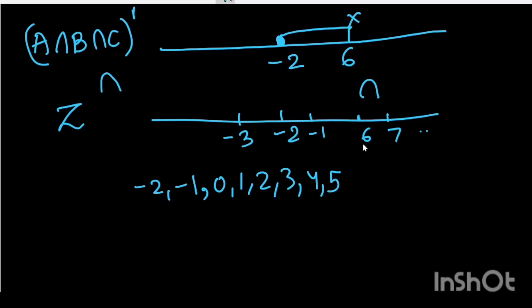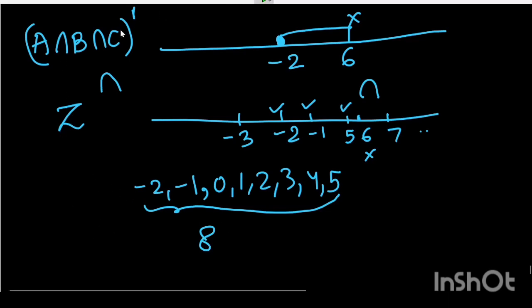So we won't take 6. Okay, so minus 2 onwards, minus 1 till 5 we will take. So if you count minus 2 to 5, that is 8. The value of A intersection B intersection C whole complement intersection Z is 8, guys.